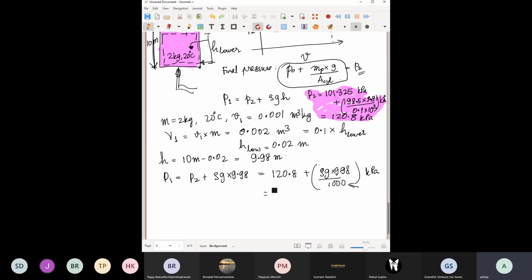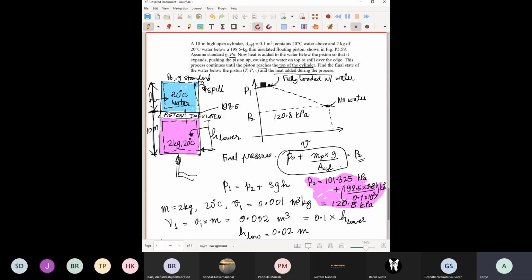Rho is approximately 1000, so this cancels out, and it is simply G times 9.98. So we have 9.81 times 9.98 plus 120.8, which is 218.7. So we have this pressure as 218.7.